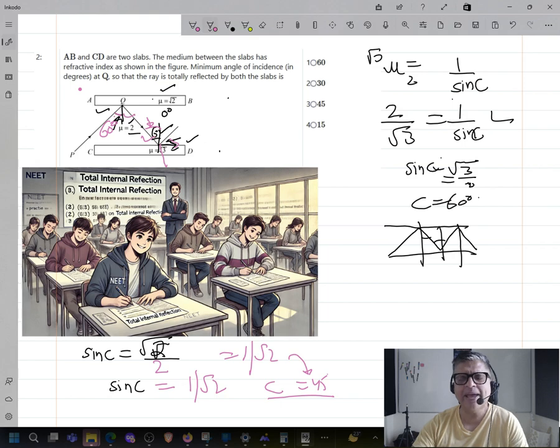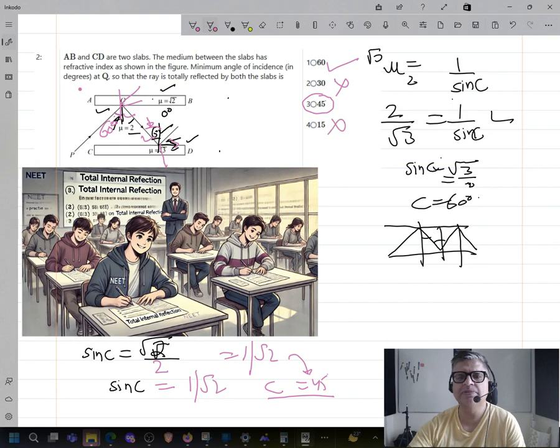So the minimum angle at which you want the ray to be struck at the point Q is 60 degrees. The critical angle of the first strike is 45. If you do less than 45, you are going to go out like this. So this is not possible.